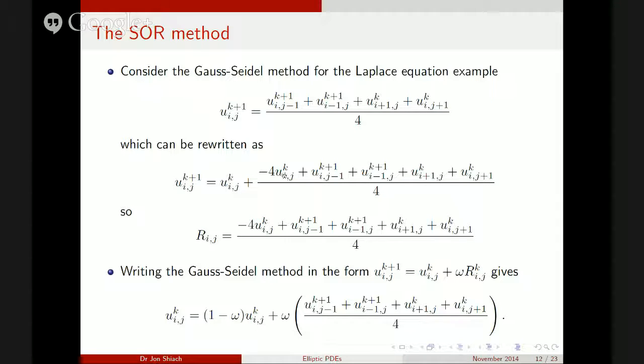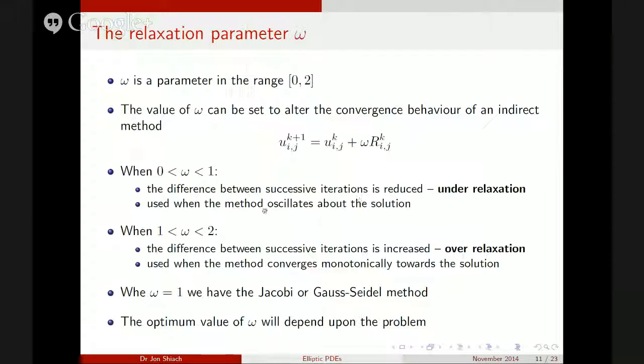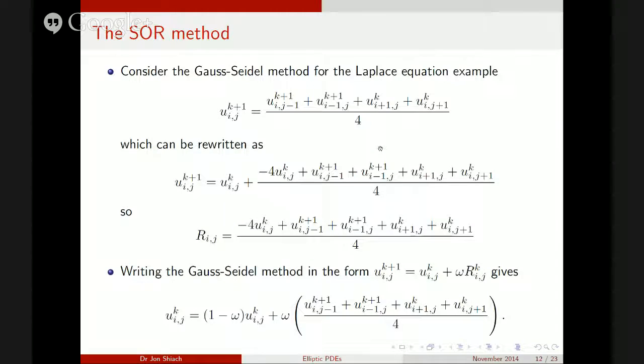If I go back a slide, this was our SOR method: u_ij^k plus omega times R. So our difference between the (k+1)th and the kth estimate is this fraction on the right, so that must be R. We write it in the SOR form like this, multiplying R by omega, and that's our SOR method.